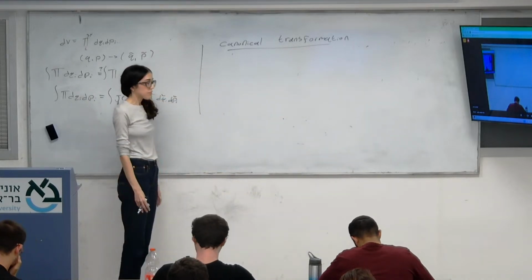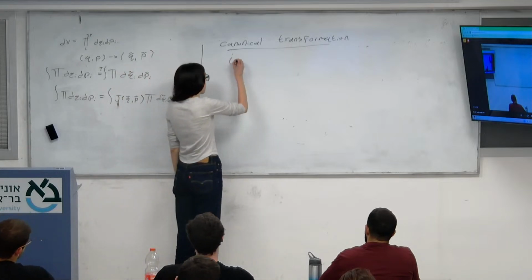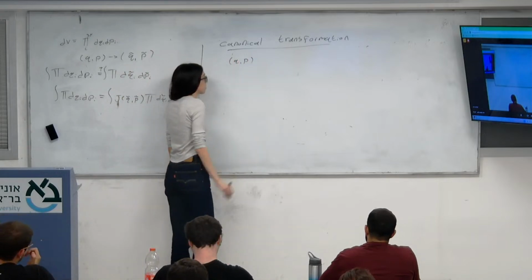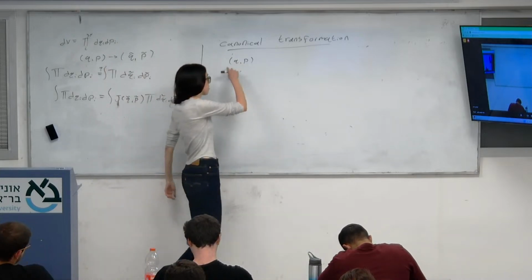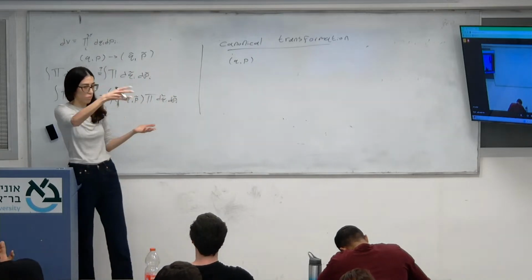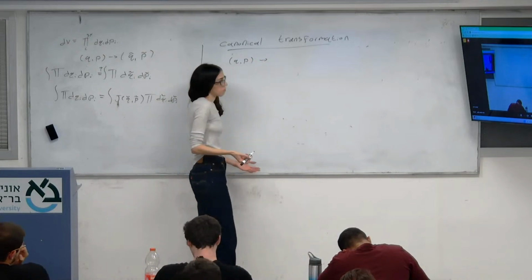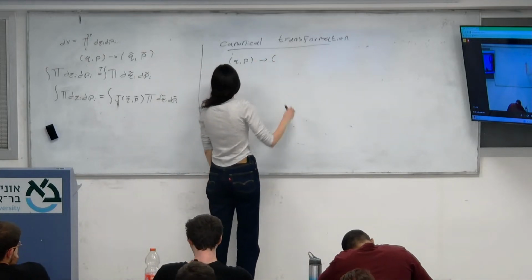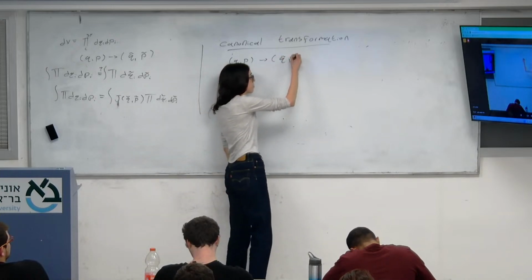So, canonical transformation, basically what it means is that I have an initial set of coordinates like we had here. So this is Q and P, each one of them is like Q1, 2, 3, etc. And I move into a new set of coordinates, and we're going to stick to the notation, so this will be Q tilde and P tilde.